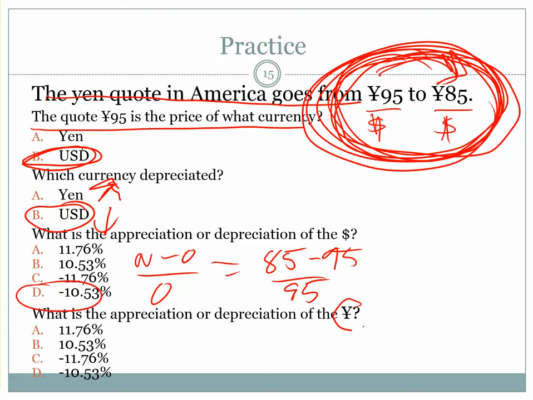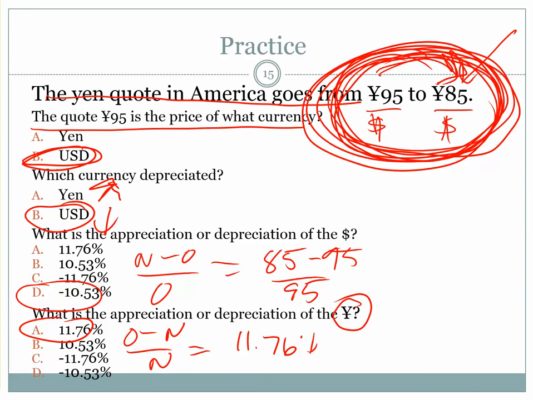Now, the appreciation of the yen, since the yen's up top here, right? This is not the dollar price of the yen, it's the yen price of the dollar. I'll take old minus new over new. That'll tell me what happened to the yen. So you have to be careful when you look at exchange rates or calculate appreciations, what the terms are. Is it the yen price of the dollar or the dollar price of the yen?